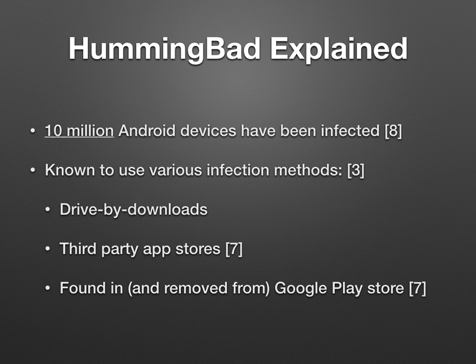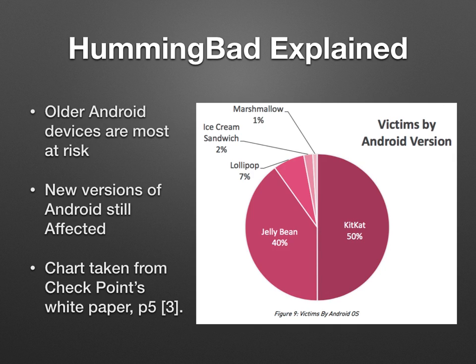It's not a maybe, it's old news at this point. Unfortunately, what's also old news is that it's been found and removed from, so far as we know, the Google Play Store. So Google's own store has been found with very similar malware to HummingBad. It's essentially the same thing, at least mostly.